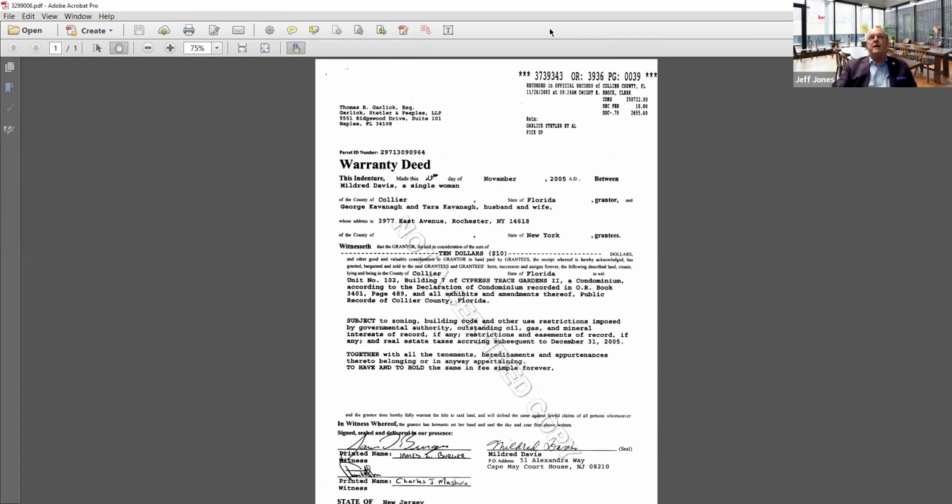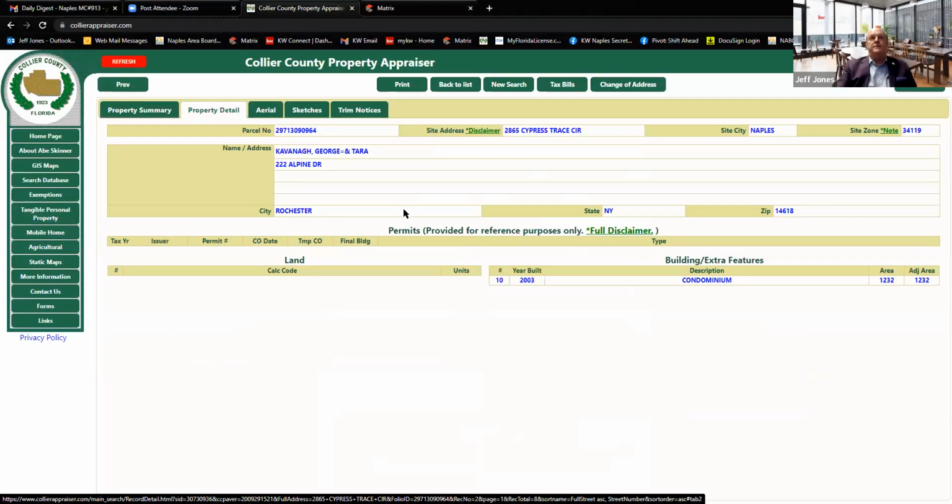So now we know exactly who owns the property. And they could have just had the name Kavanaugh in MLS. You don't always know who the owner is. So this is the ownership, and you can go into the property detail.